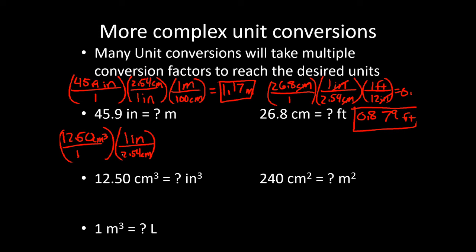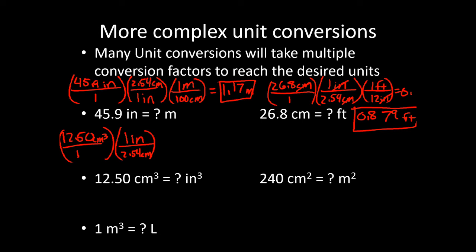Now, if you just did that one conversion factor, you would only be 1/3 of the way. Because when you have a unit that is raised to a power like this, what that's saying is that you have that many of that unit. So it's not just centimeters cubed. What that really is, is centimeters times centimeters times centimeters.